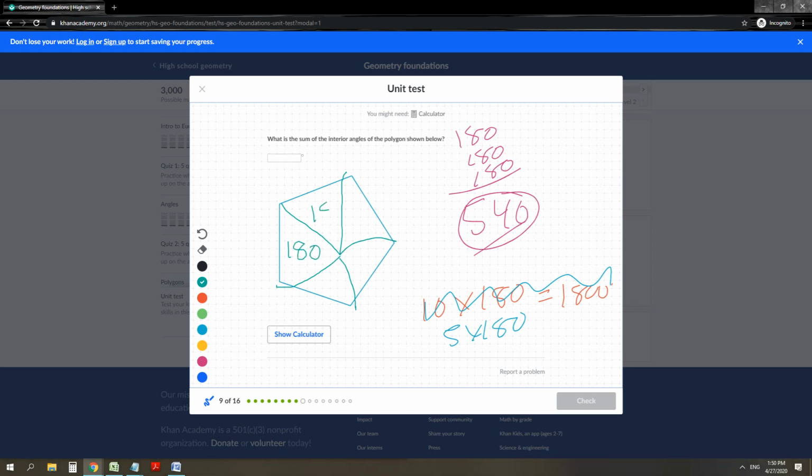This is 180. This is 180. And all of their angles are part of the pentagon's angles except these. Remember, a circle's 360? This becomes 900 minus 360, and that's 540.